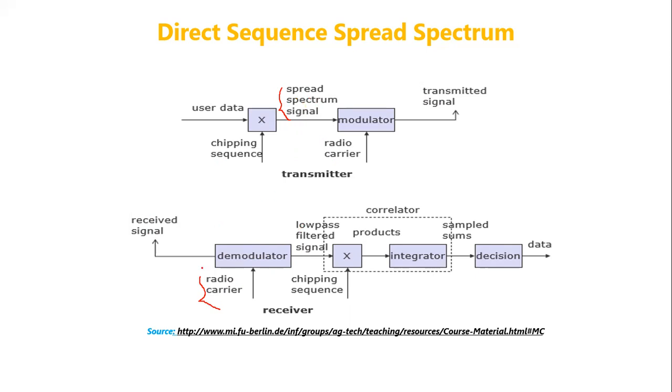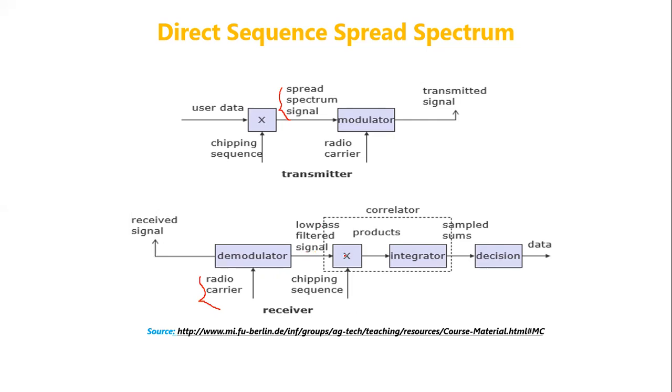For that, this spread spectrum signal is passed to a unit along with the chipping sequence. Along with whatever chipping sequence was used by the sender, the same chipping sequence is applied to this spread spectrum signal.